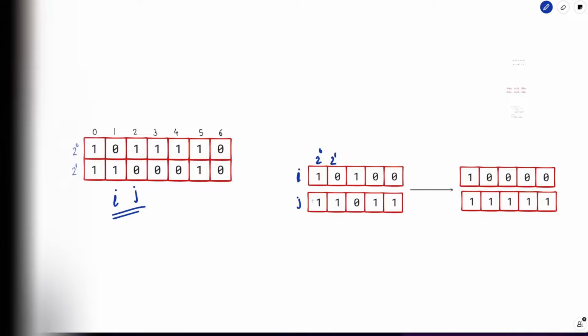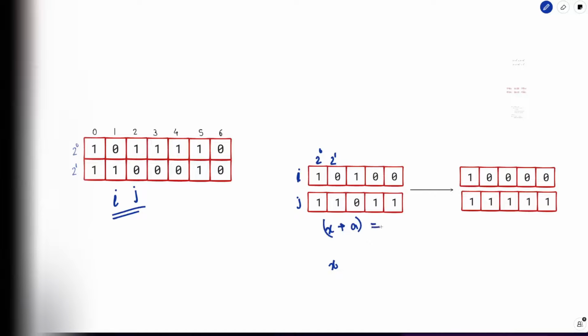So what's happening? Let's say they have some common bits, and the value of that common part is x. Now we have something extra beyond x here. In this case x is 10000, which is 16, and we can represent i as x plus a, where a is 4 here.